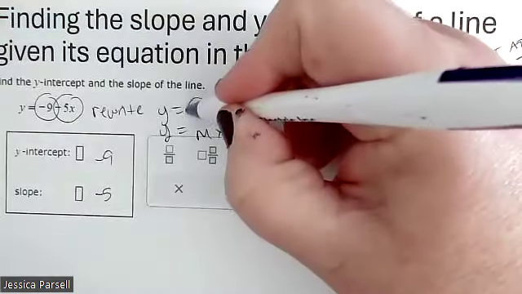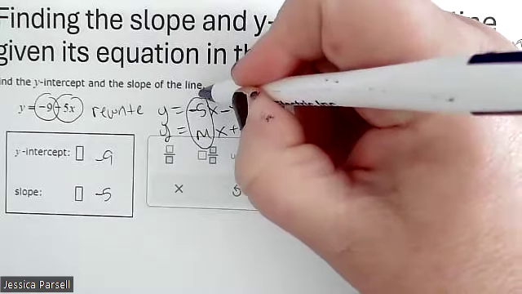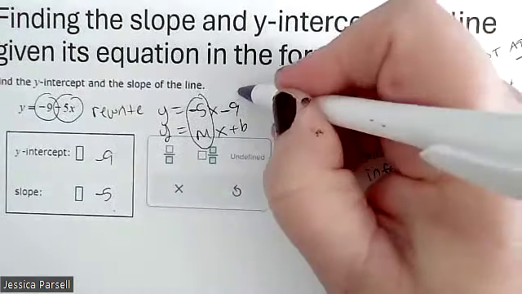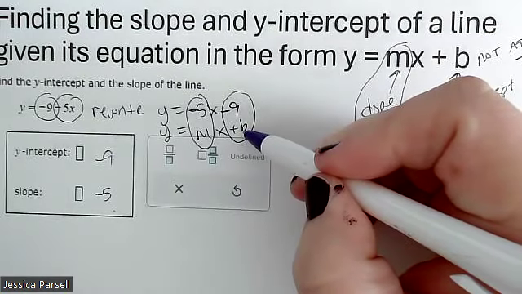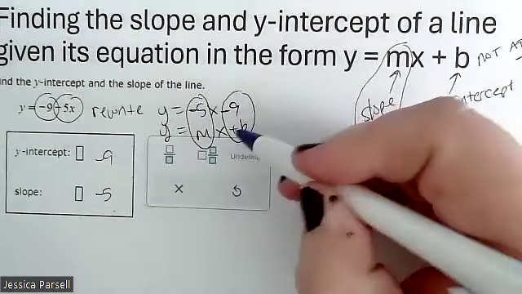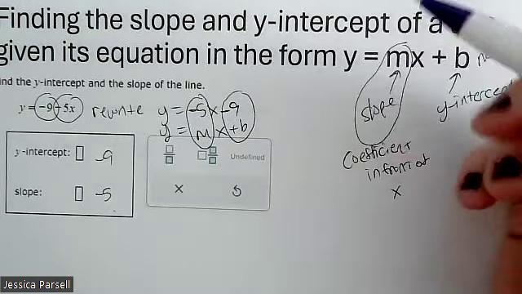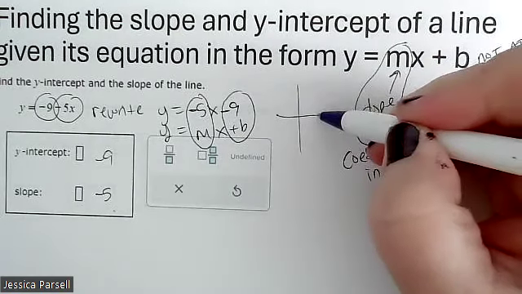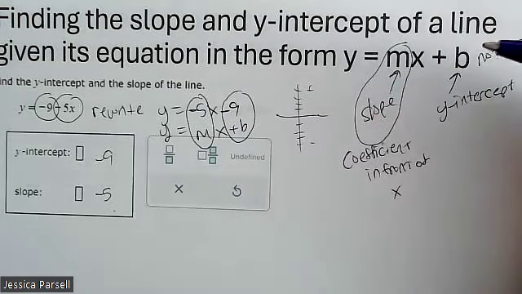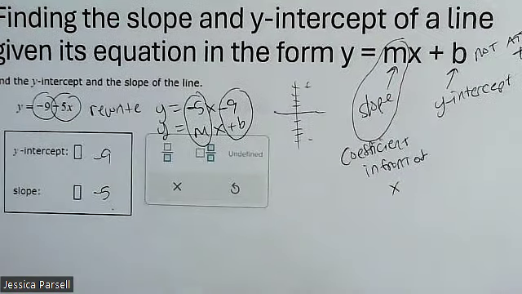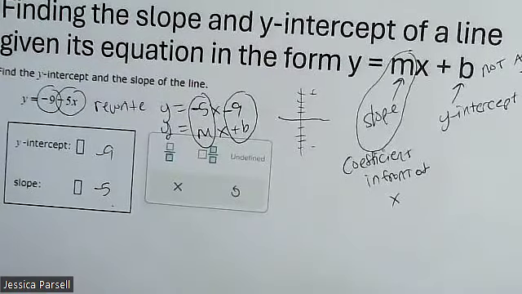You've got your -5, which is your coefficient in front of your x, that's your slope, and the -9 is your y-intercept. So you'll notice your y-intercept in the format has a positive sign, but it could also be negative, because your y-intercept could either be up here, that's positive, or it could be down here in the negative. Hopefully that makes sense.